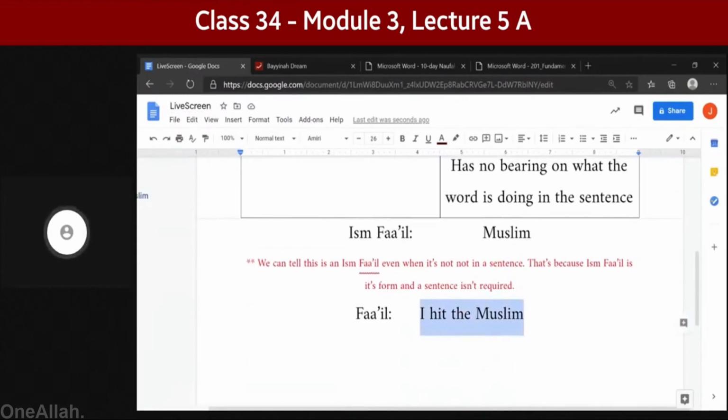What was the first example I gave? The Muslim went to the store.